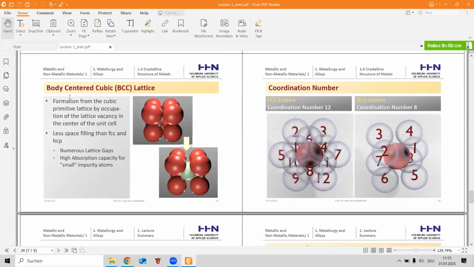And we have another type, the body-centered cubic lattice, BCC. It forms from the primitive cubic lattice by occupation of the lattice vacancy in the center of the unit cell. So it has less space filling than the face-centered cubic lattice. For hexagonal close packing, there are numerous lattice gaps and a high absorption capacity for small impurity atoms.